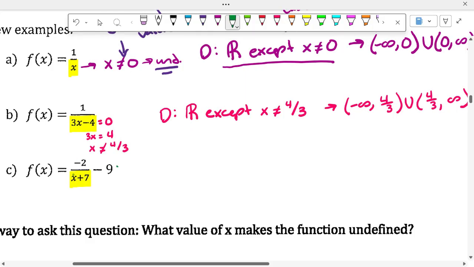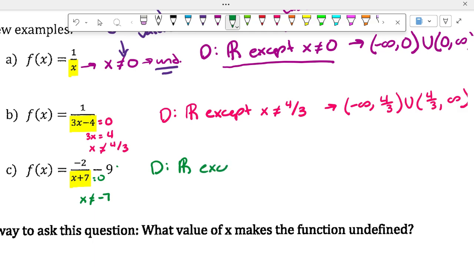If that fraction becomes undefined, that's the issue. So I'm going to set it equal to 0 again. So x cannot equal what number? -7. So my domain is all real numbers except x cannot equal -7. If I wrote it in interval notation, it'd be from negative infinity to -7, -7 to infinity.